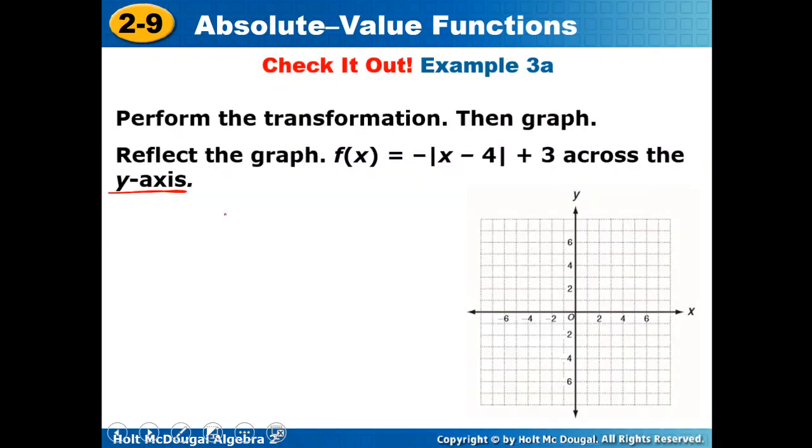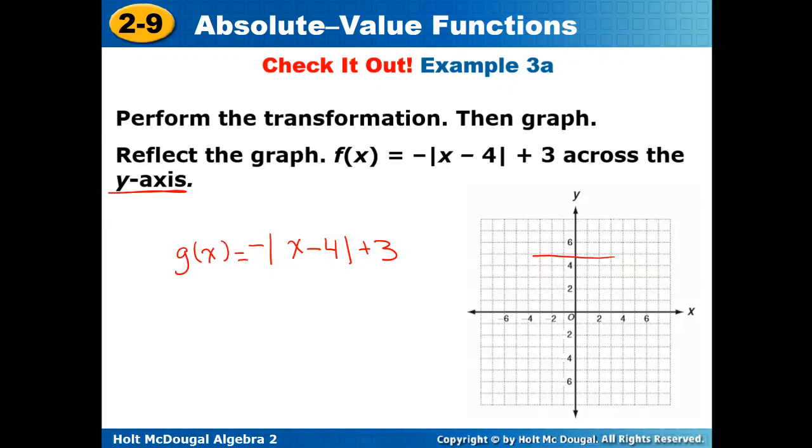When we go across the y-axis, again, our x is what changes. So we have the opposite of the absolute value of negative x minus 4 plus 3. And that is actually our whole function.